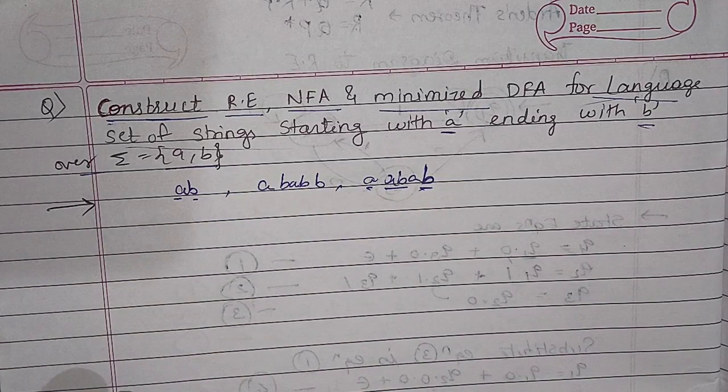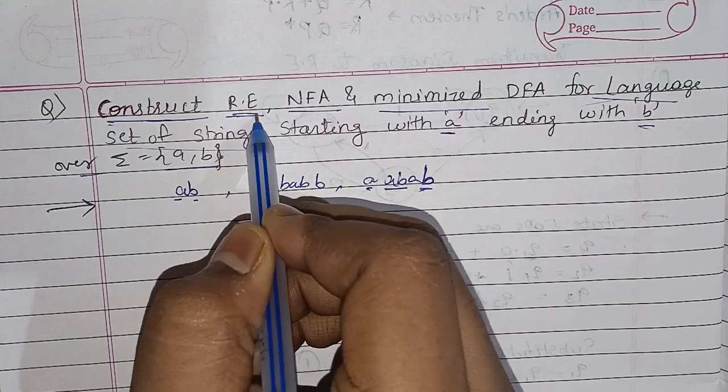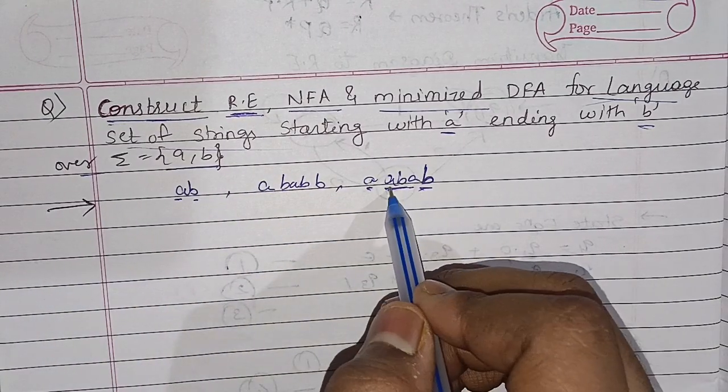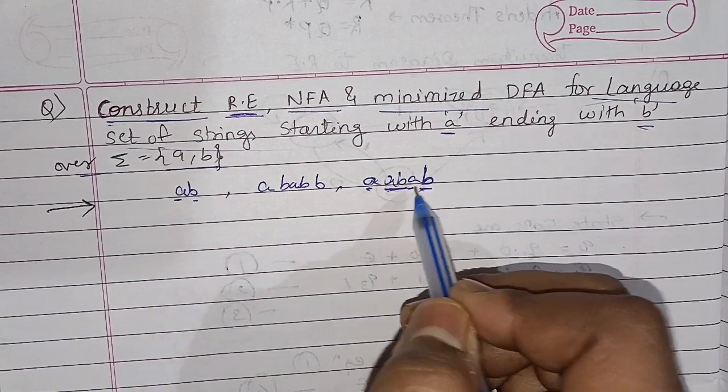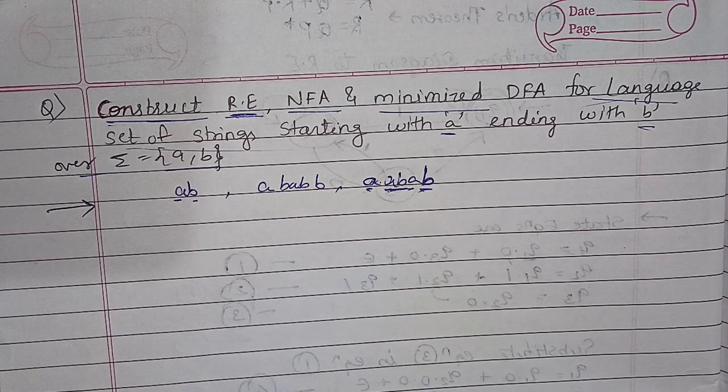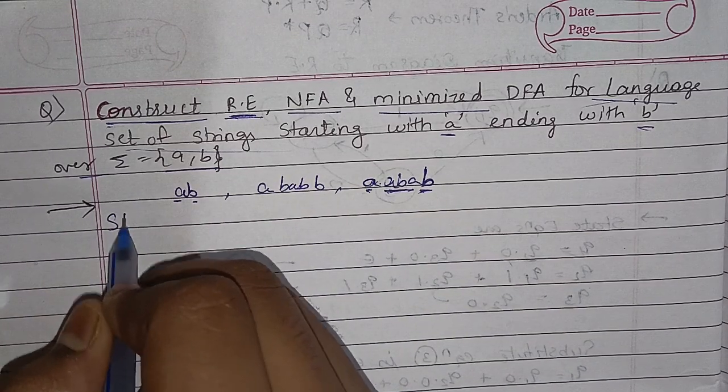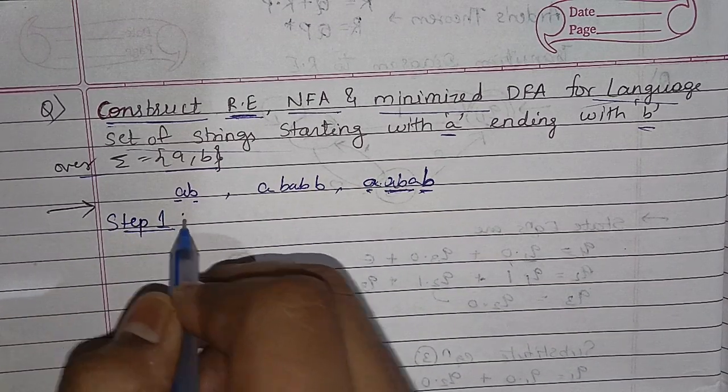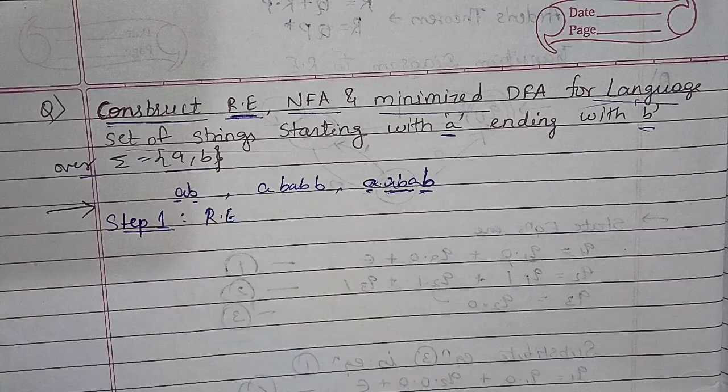So I told you previously, in regular expression, for any combination we use closure, and since it is starting with A and ending with B, we will use concatenation here. So what is our step 1? Our step 1 is the regular expression.